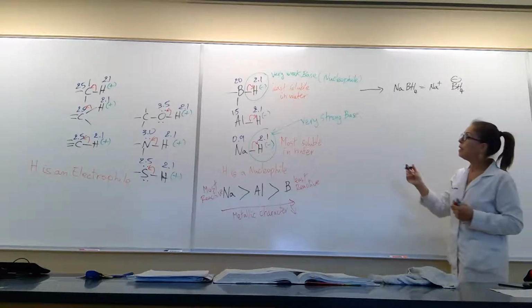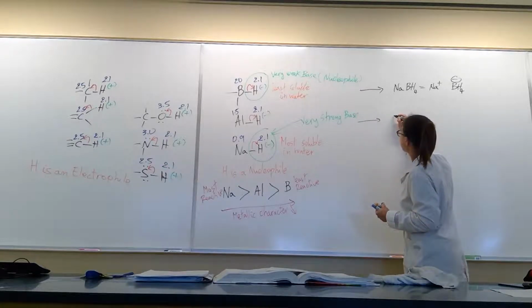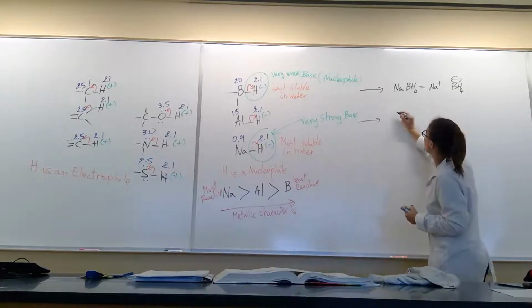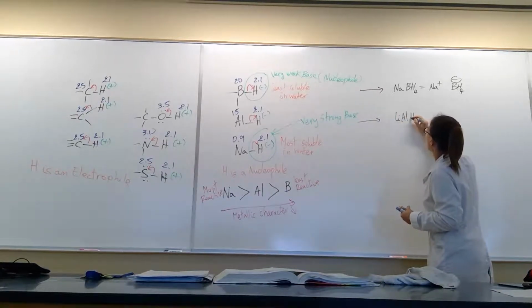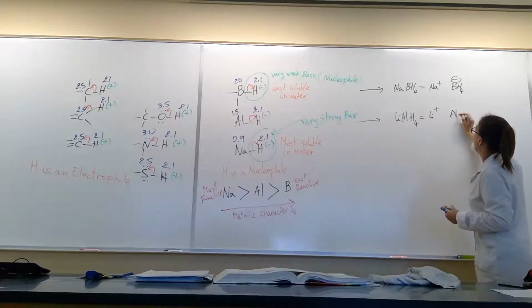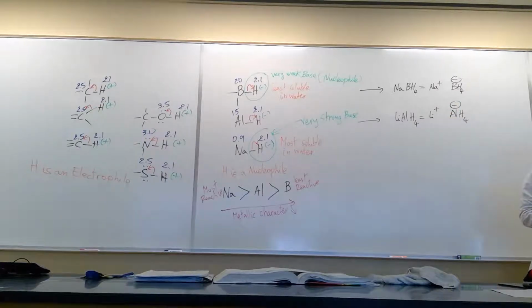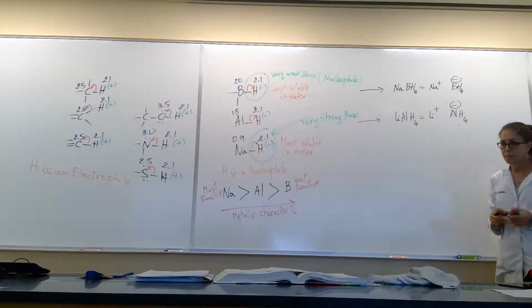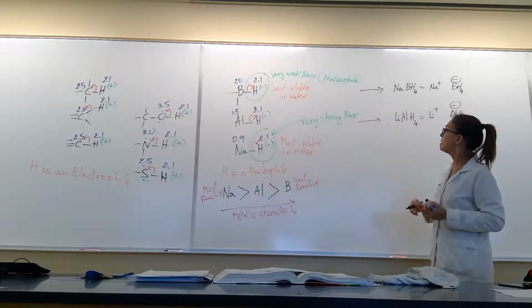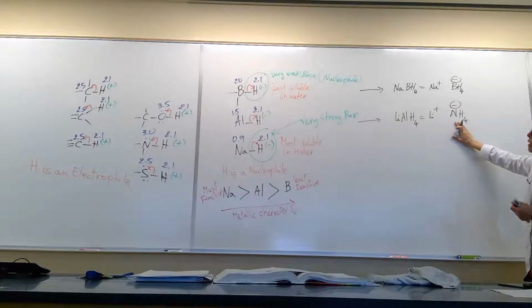Here for aluminum, you have two different forms of aluminum. So we have the lithium aluminum hydride, which is really lithium plus and AlH4 minus. Now this one is very reactive.